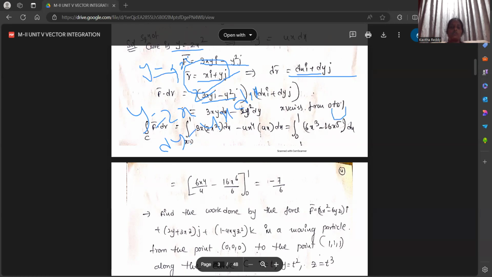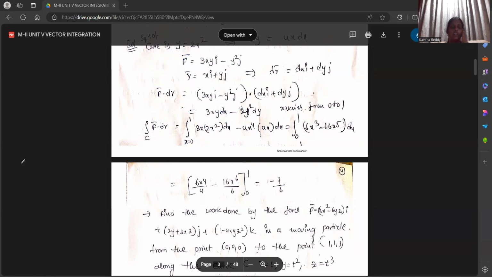Substituting 2x² for y and 4x dx for dy, between the limits 0 to 1 we integrate 6x³ minus 16x⁵ dx, which gives 6x⁴/4 minus 16x⁶/6 from 0 to 1. The answer is minus 7/6.